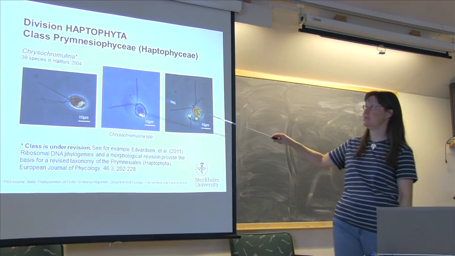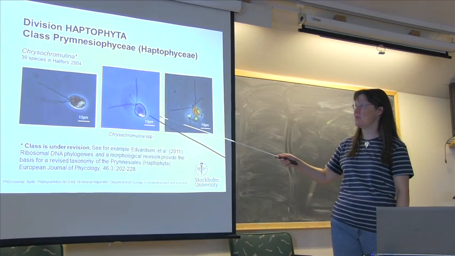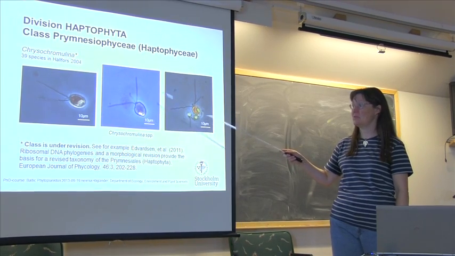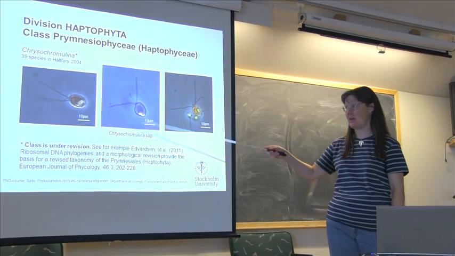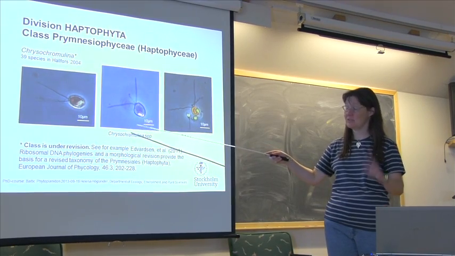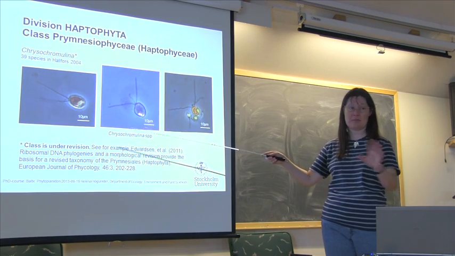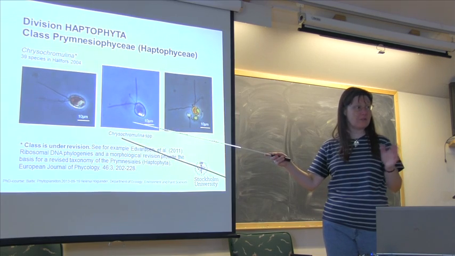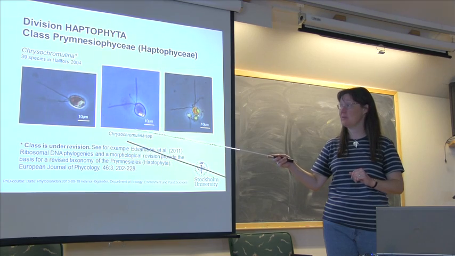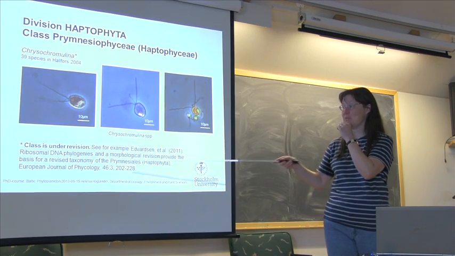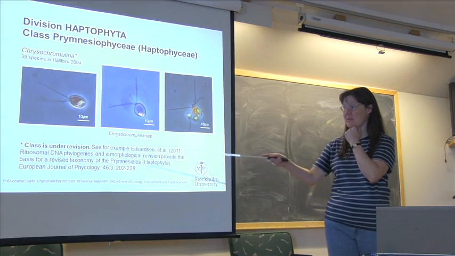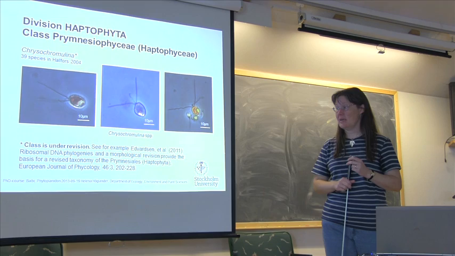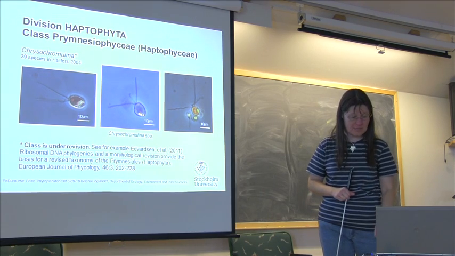They are dividing them into different genera, and it's very difficult to see the morphological differences between them. So we'll see what happens with this in the future, but there's more molecular studies being done with this.